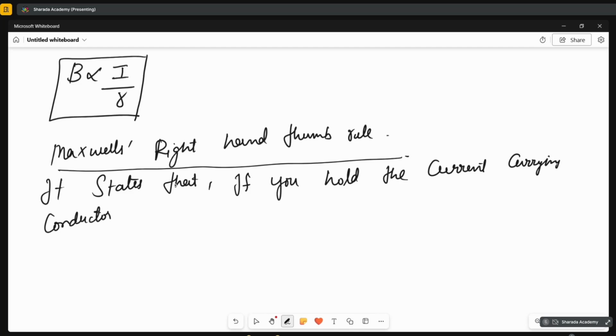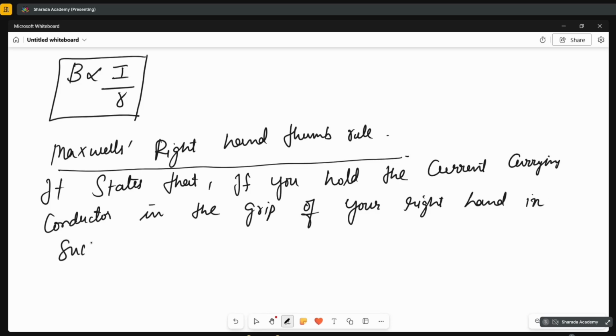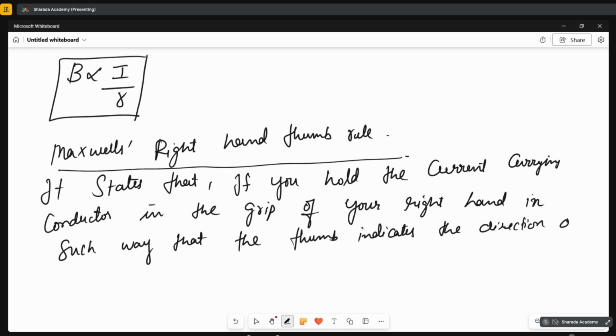It states that if you hold the current carrying conductor in the grip of your right hand in such a way that the thumb indicates the direction of the current, then the direction of the curl of the fingers will give the direction of the magnetic field.